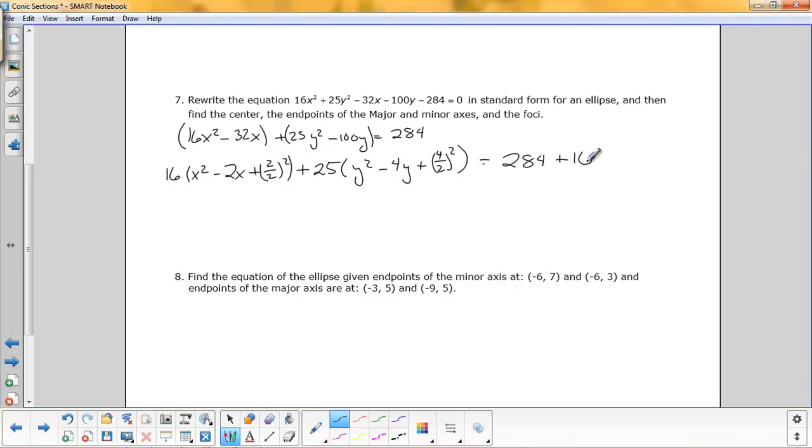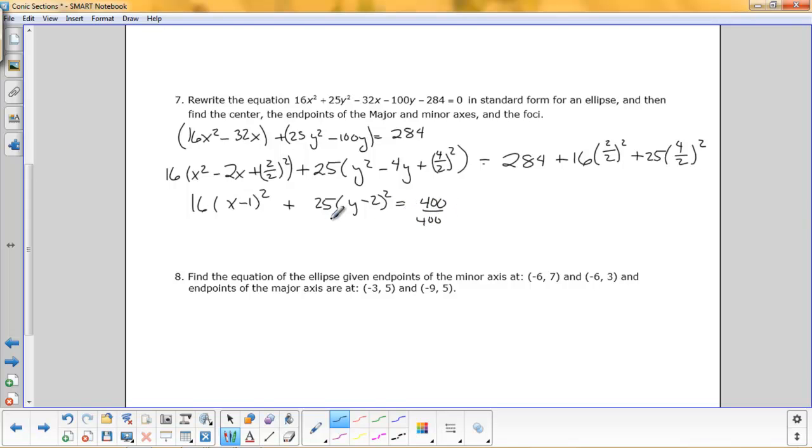So the first weight is 16, and now it's going to be times (2 over 2) squared. That second weight is 25 times (4 over 2) squared. Alright, that gives us 16 times (x minus 1) squared plus 25 times (y minus 2) squared equals 400.